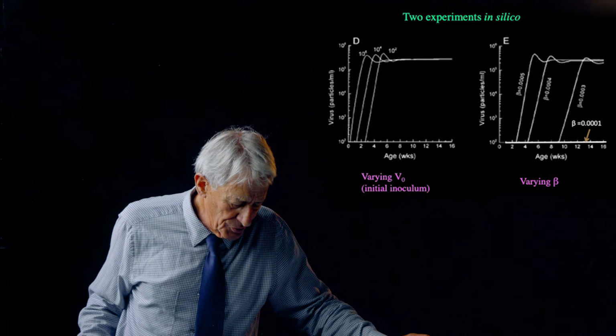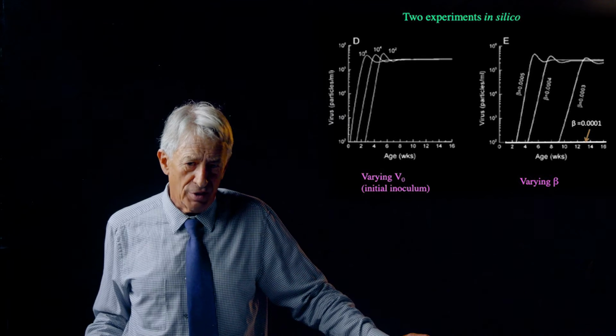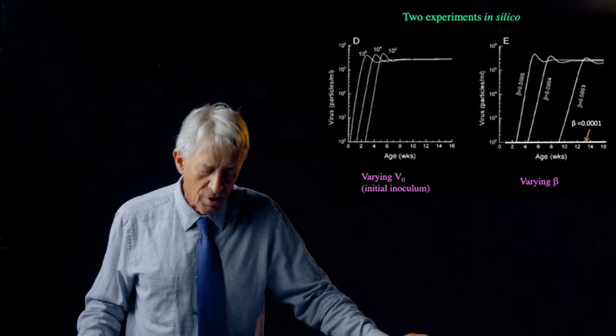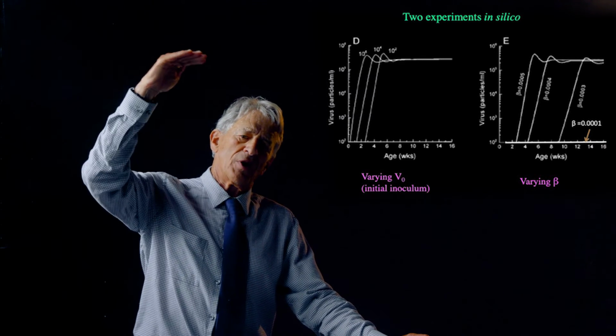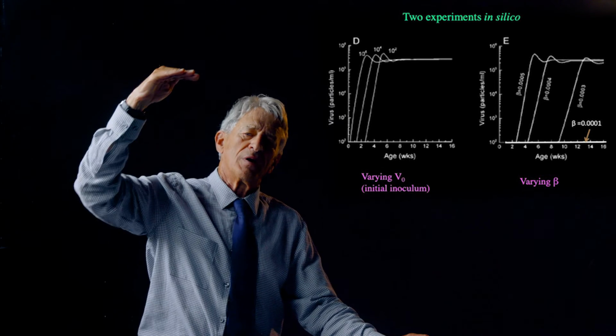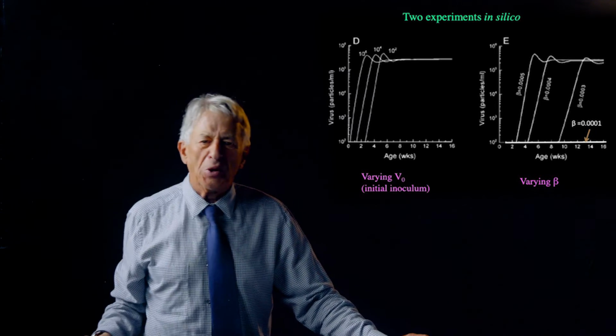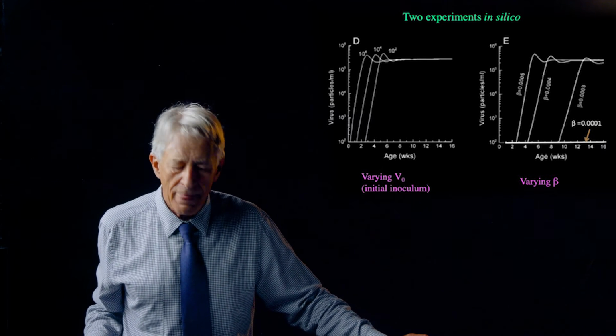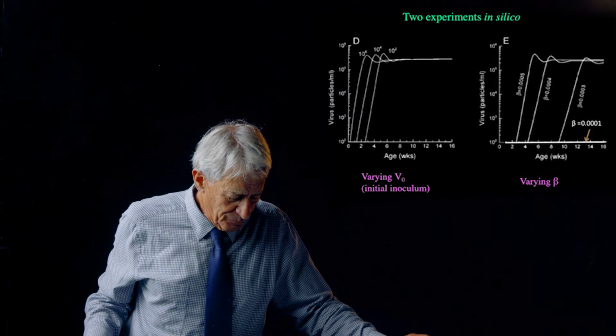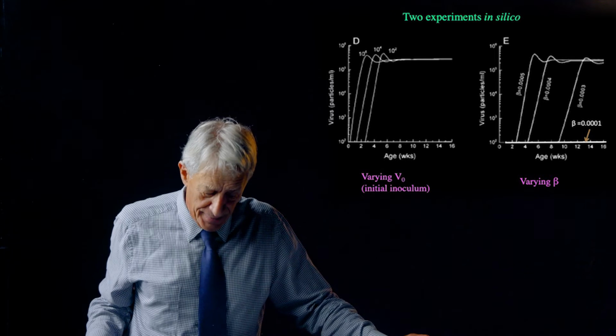For beta equals 0.05, beta equals 0.04, you still get the rise to the full-on viremia, and it stays high, but it takes a little bit longer. And beta is 0.03, same thing.